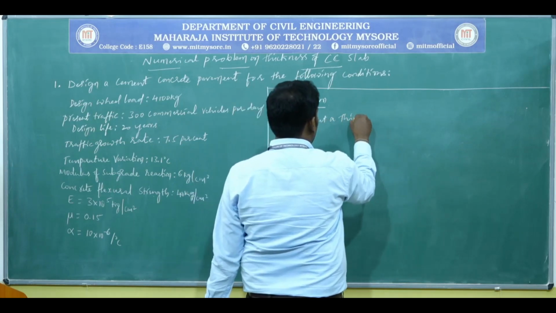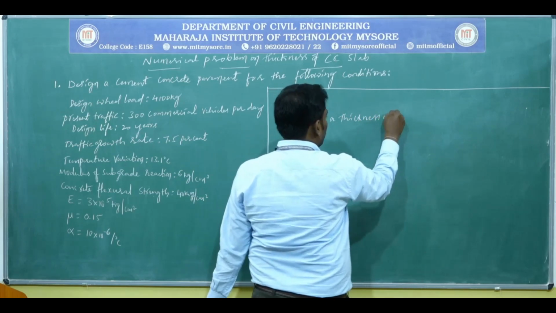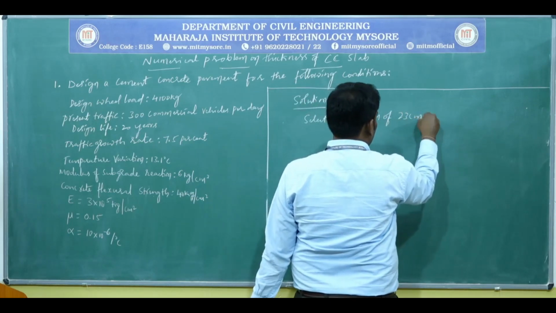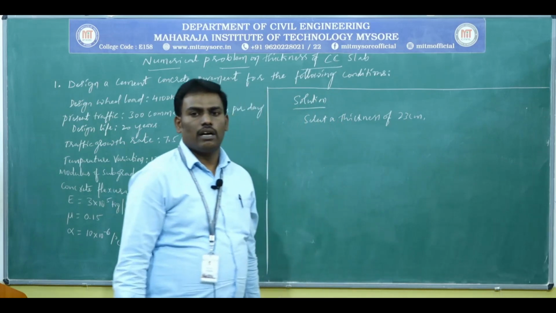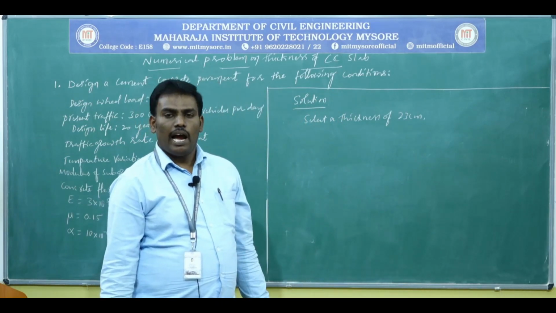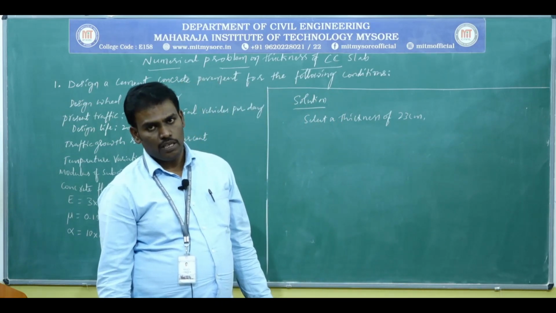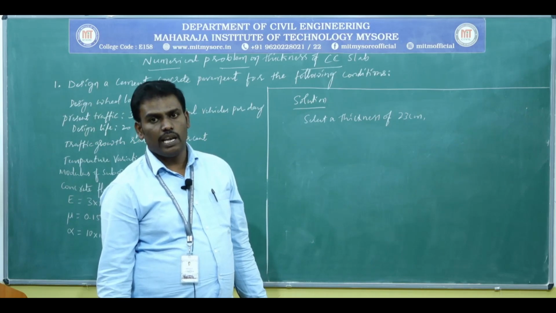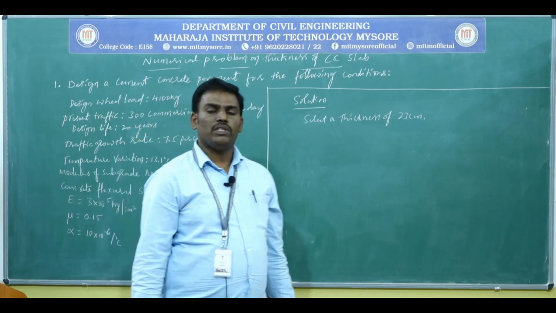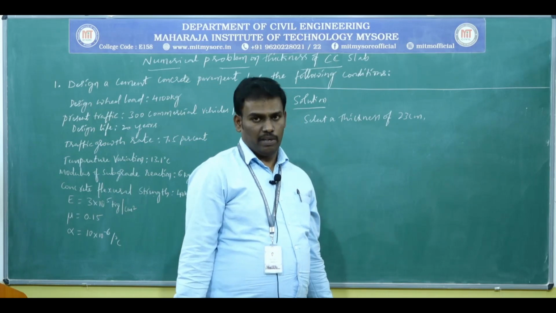Select a thickness of 23 centimeter and the spacing remains the same, that is L is equal to 4.5 meter and W is equal to 3.5 meter.